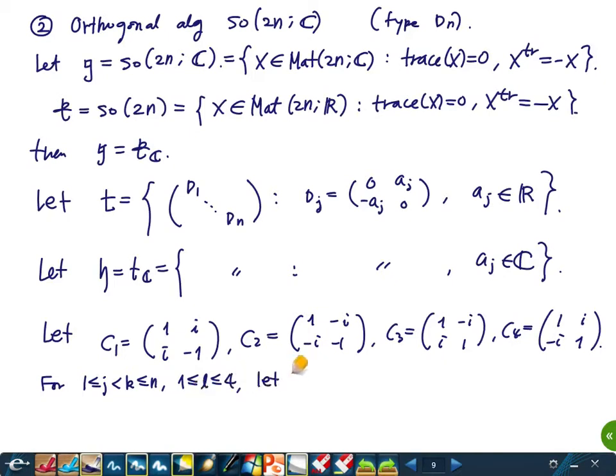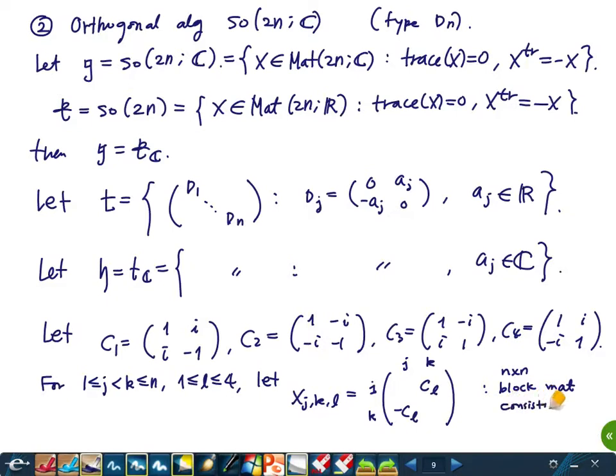let's define X_{j,k,l}. We will define this kind of block matrix consisting of 2 by 2 matrices, with C_l and minus C_l in the appropriate places. It is an n by n block matrix consisting of 2 by 2 matrices.